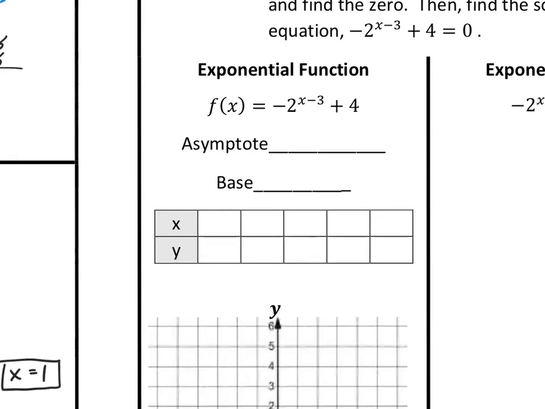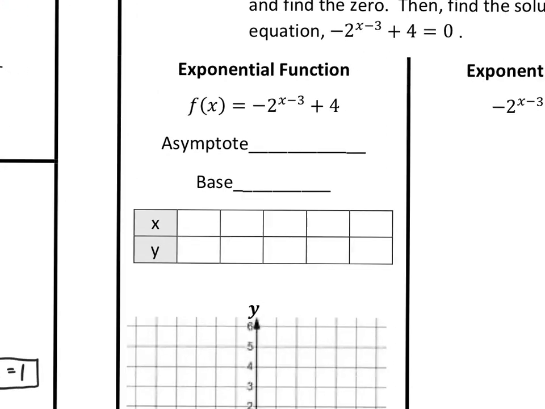I'm going to zoom in here so we have a big view. And what we want to look at is, when we're graphing an exponential, if you remember about logs, logs had vertical asymptotes, right? These vertical boundaries. But exponentials actually have horizontal boundaries. Okay?